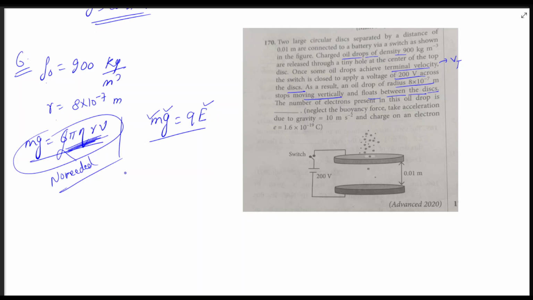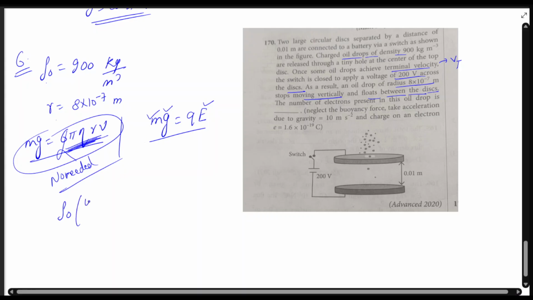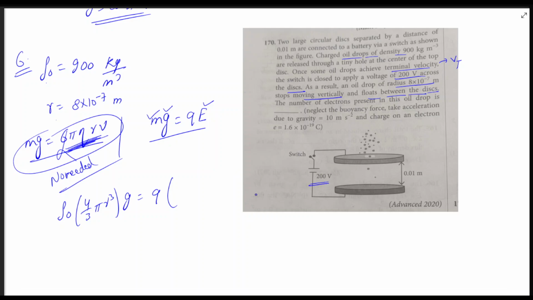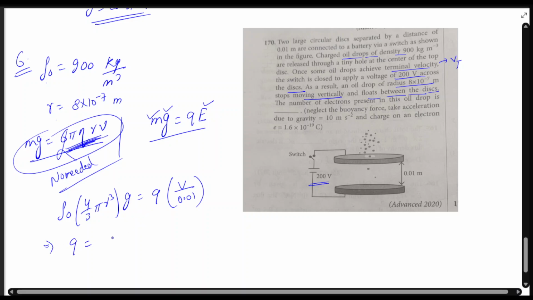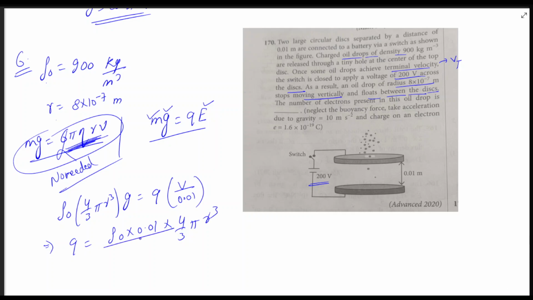So we will have density rho, 4 by 3 pi r cube, into g will be qE. Now electric field, we have voltage of 200, so it will be V by d. So distance between them is 0.01. Let's just put the values here. So just write q as rho into 0.01 into 4 upon 3 pi r cube, multiplied by g, divided by V. Right.